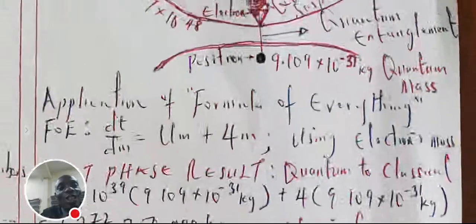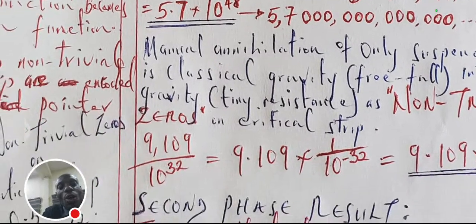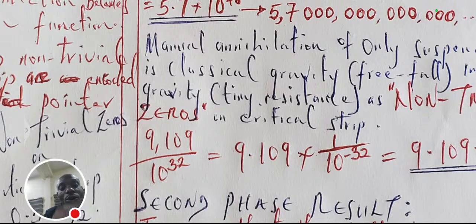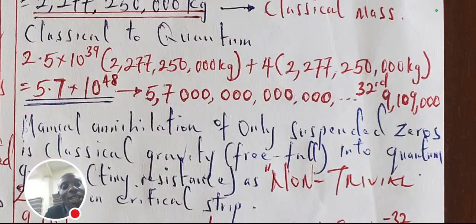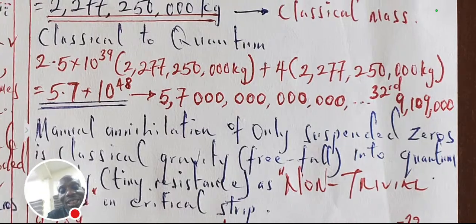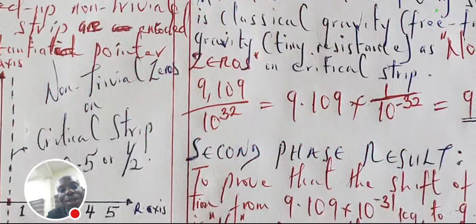So we take the zeros, all the zeros up to the 32nd position. We call it 10 raised to power 32. And then we take the base value of the electron, which is 9,109, and place it over 10 raised to power 32.